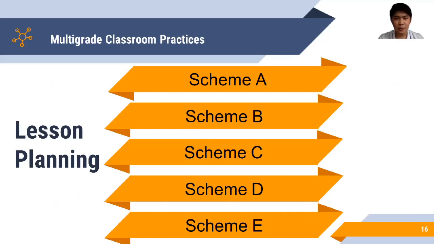The teaching schemes will likewise suggest the format of the lesson plan the teacher will use. There are 5 schemes, as you can see on the screen, in handling multigrade classes: scheme A, scheme B, scheme C, scheme D, and scheme E.